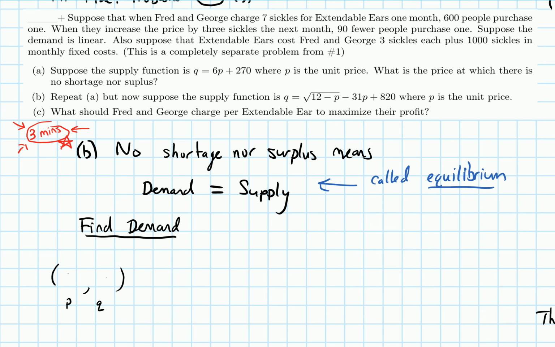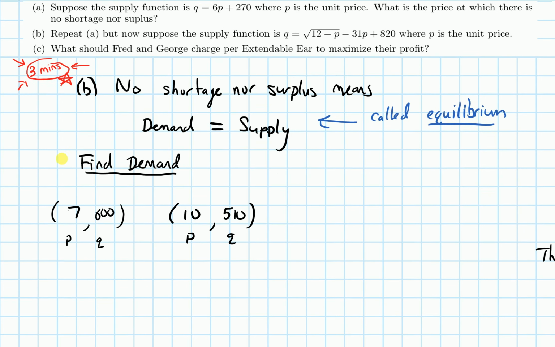So it says that when they charge 7 sickles, so when the price is 7, so by the way, sickle is just currency in the Harry Potter world, the quantity that's demanded is 600. That's the monthly demand. But then we also have information for another point. It tells us that when they increase the price by 3 sickles, that means the new price would be 10 sickles, 90 fewer people purchase one. So instead of 600 people purchasing one, there would be 510 that month.